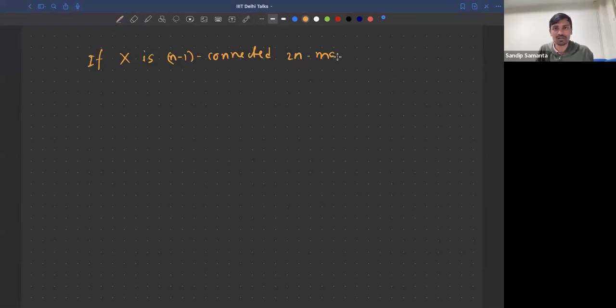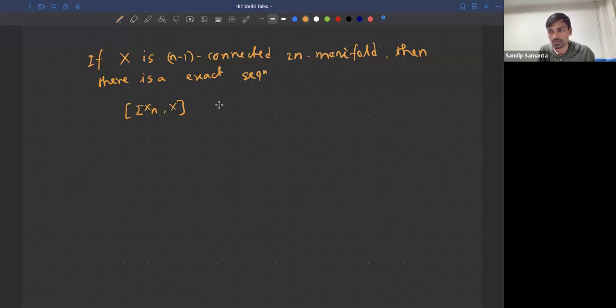If X is an n-1 connected 2n manifold, then there is an exact sequence of this thing, the suspension, so pi_n of X to epsilon X to epsilon X_n.